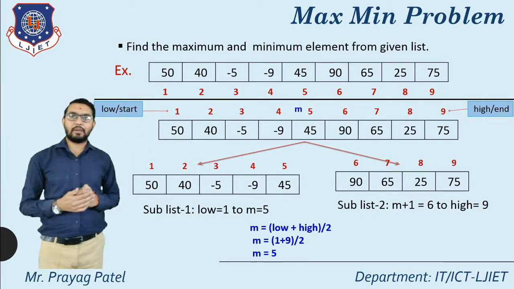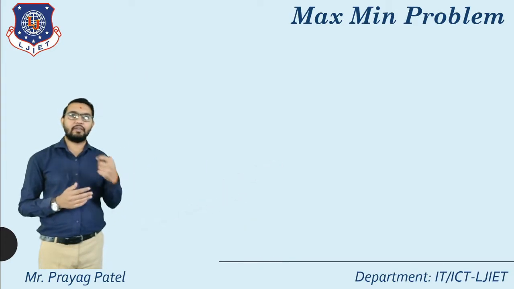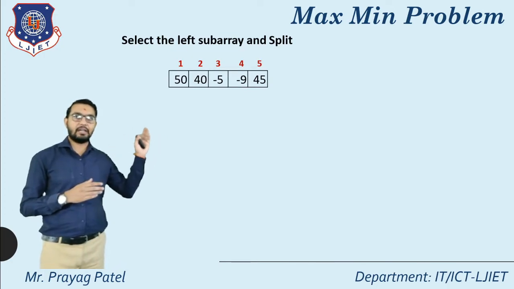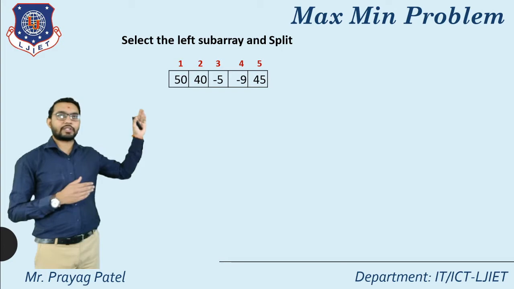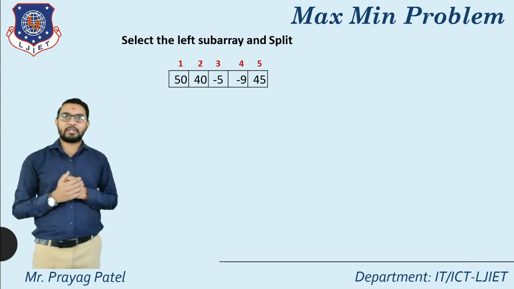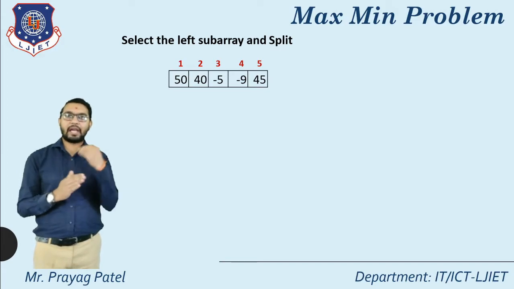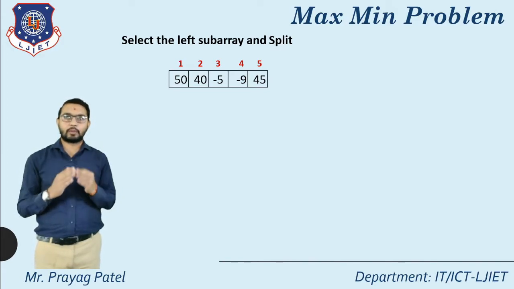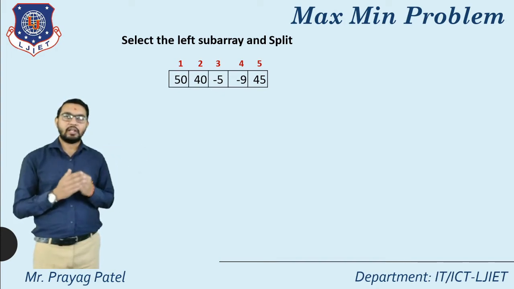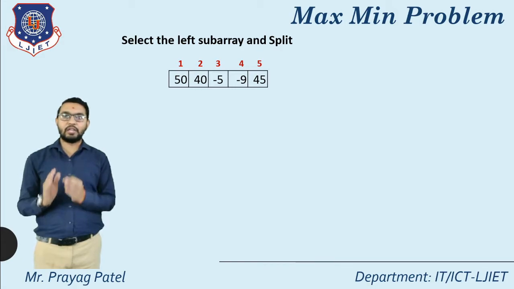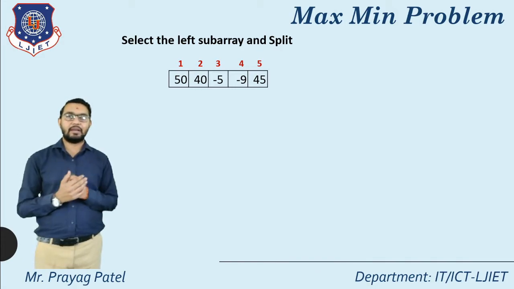Now consider the same process repeatedly until we get 2 elements in each list or fewer than 2 elements. First consider the left sublist and split it. How many times do we divide the problem into sub-problems? In binary search or merge sort, we divide the problem until we get individual, single elements.